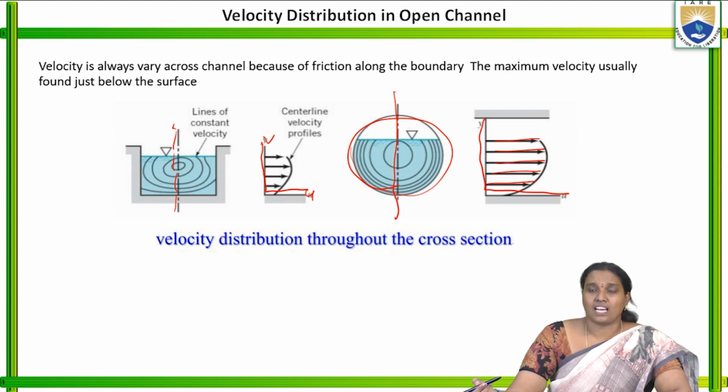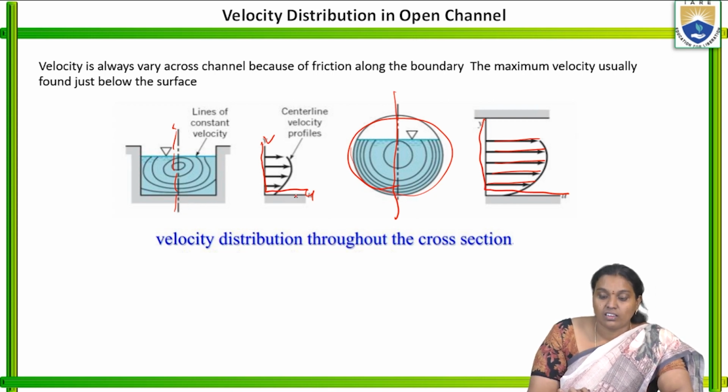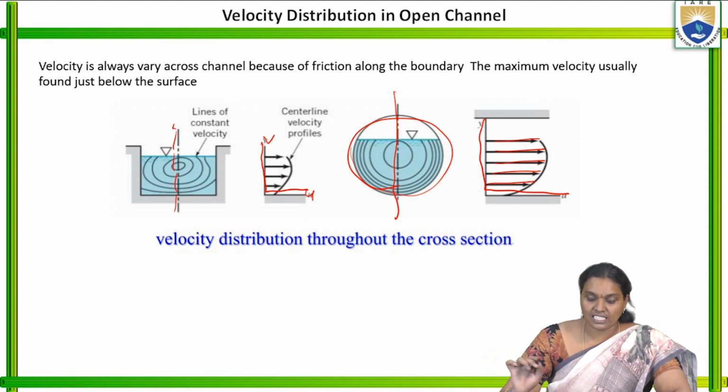For open channels in circular sections, the velocity profile occurs based on the center line velocity. Similarly, for the rectangular shape, this is the central line velocity profile we will get. So this is the velocity distribution throughout the cross section.